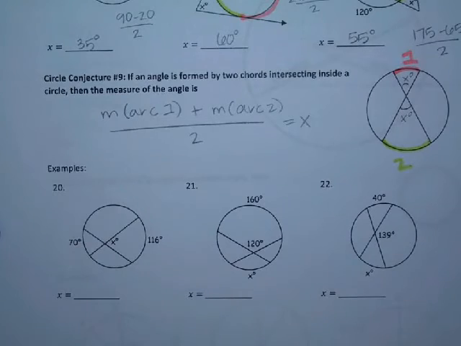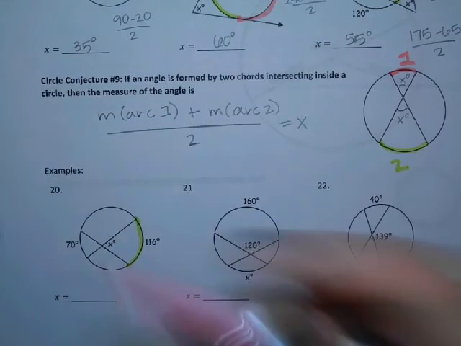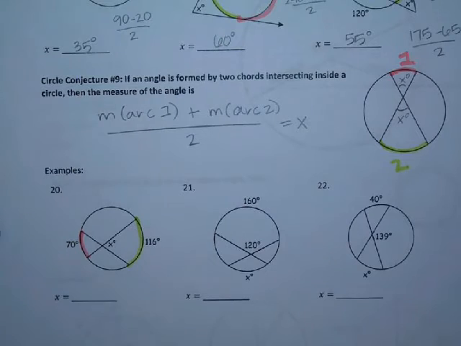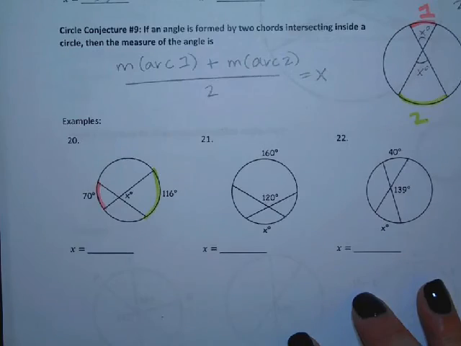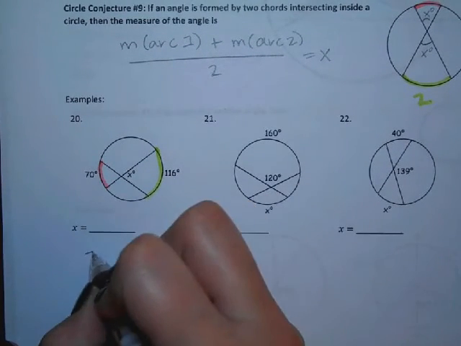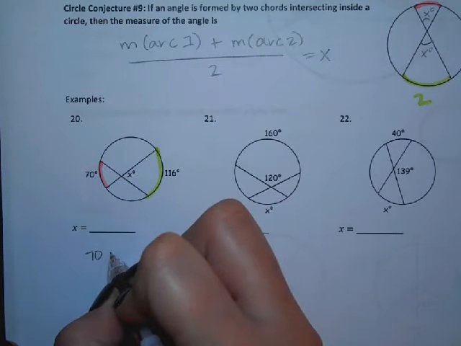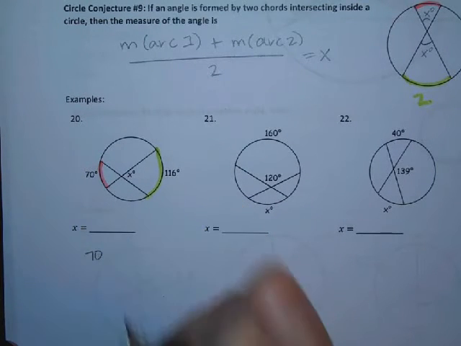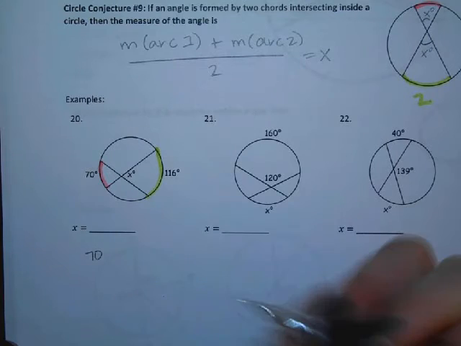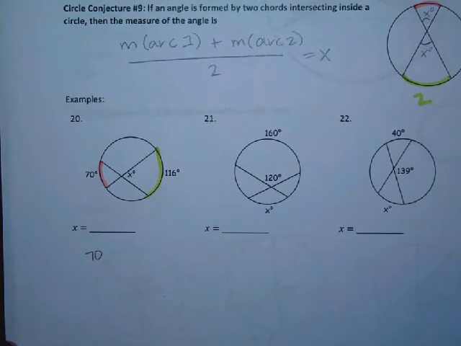Okay, so for this one, we're going to have what? What do I write? 70. It doesn't matter. I could say arc 1, arc 2, or arc 2, arc 1. It doesn't matter.